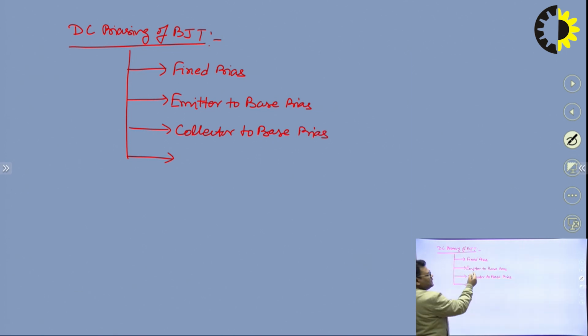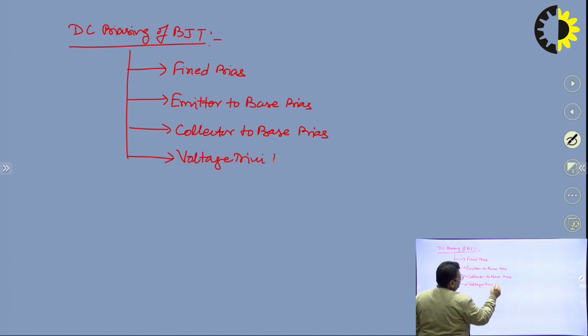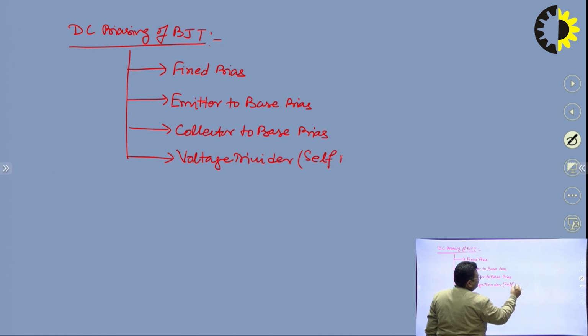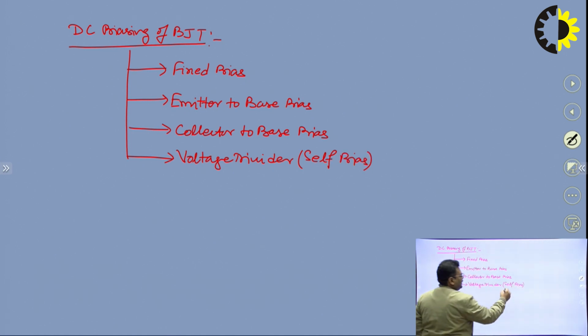Or simply we can say this one is the emitter bias method. And the last one is voltage divider, or we can say self bias method. Why we call it self bias, we will discuss, right?